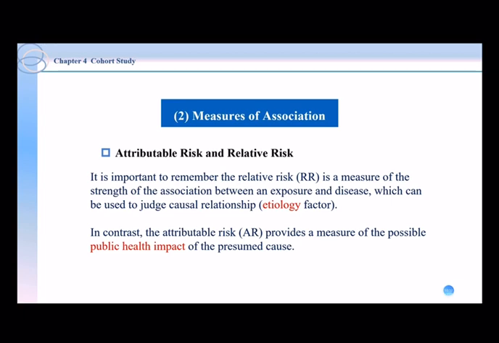But in comparison, this attributable risk usually can provide more information about how big an impact this exposure has on the disease from a public health perspective. So it's more like how much of this exposure can have impact on the disease outcome. For example, how much smoking can increase the risk of cardiovascular disease.